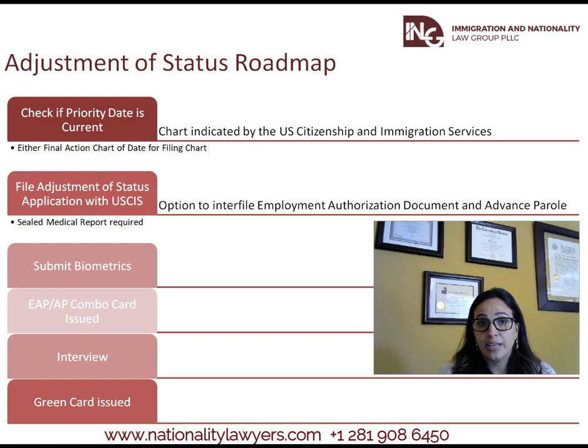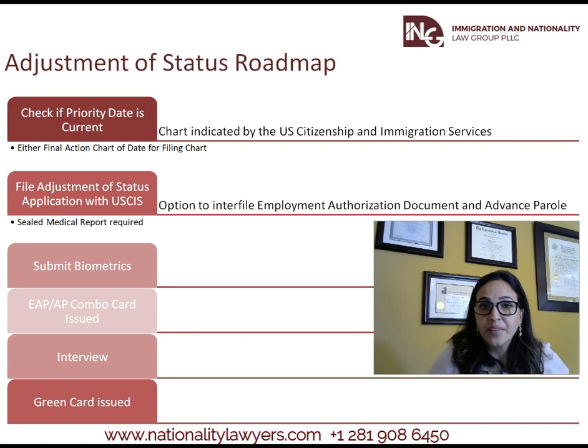The H-1B and the L-1, for example, are types of visas that are considered dual intent. So even though you travel outside the US without an advance parole, your green card application will not be deemed abandoned. On the other hand, if you have an F-1 student visa and you file for an adjustment of status, but you travel outside the US without the advance parole, then your case will be deemed abandoned.